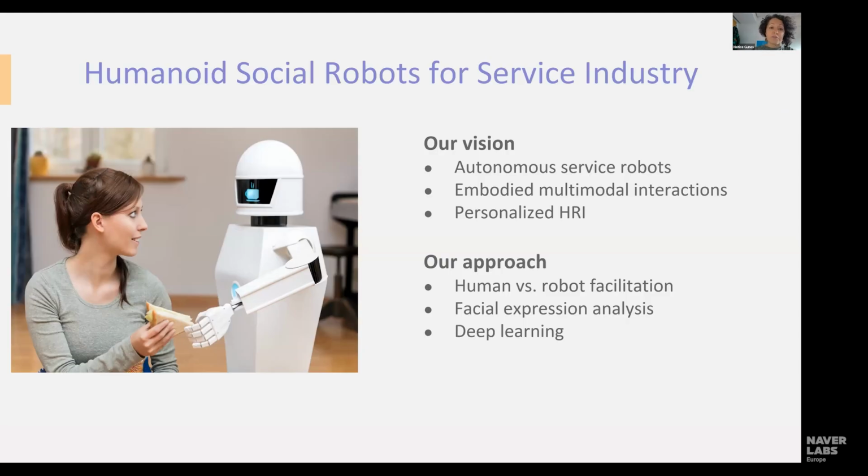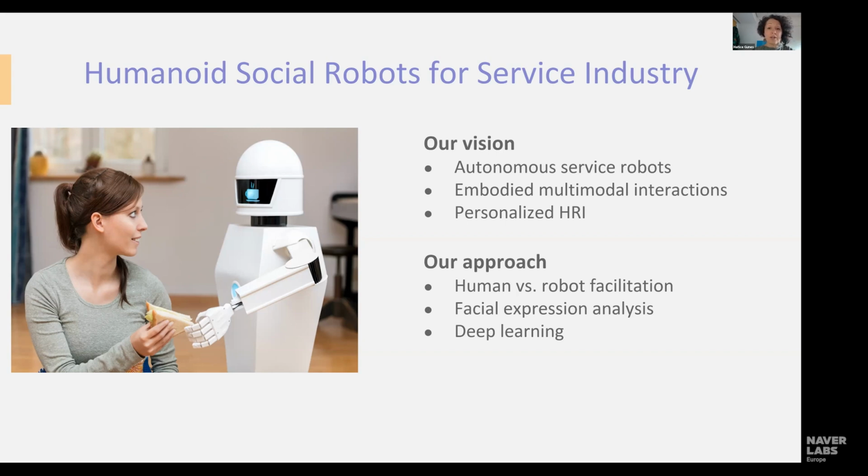So the motivation for this work really comes from humanoid social robots more and more being tested or used for the service industry. And particularly our vision in this research area is to try to create autonomous service robots that have embodied multimodal interaction capabilities and that can also adapt and personalize to different users.